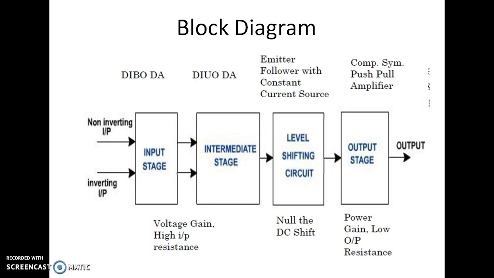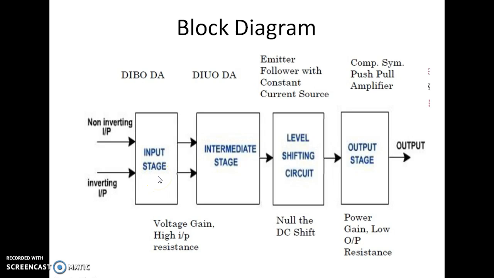As we know, the op-amp is a multi-stage amplifier which can be represented in this block diagram. The op-amp is basically a differential amplifier, that is, it will amplify the voltage which is differently present between its input terminals. Now consider the first block of input stage.